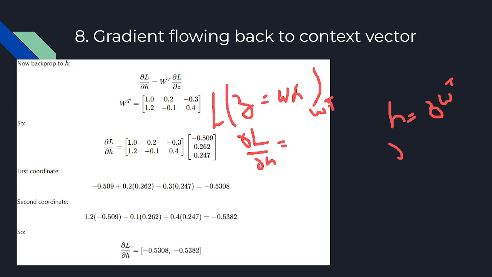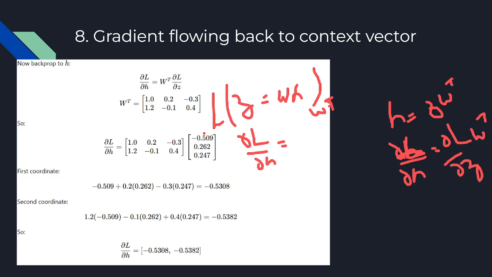And now we can do dou L by dou H over here. This is equal to dou L by dou Z into weight transpose. We get this particular thing, and now we are multiplying to get dou L by dou H. This is the context vector that we have.